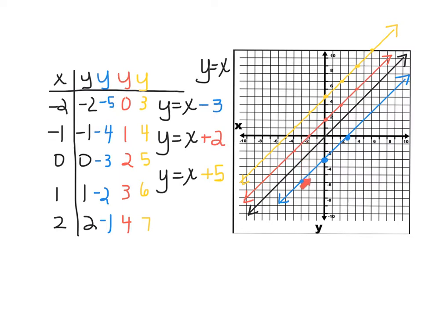At -1, I have -4. Notice I go through -4. At 0, I go through -3. So here's that table. What happened between this and this point each time? Yes, I subtracted 3.